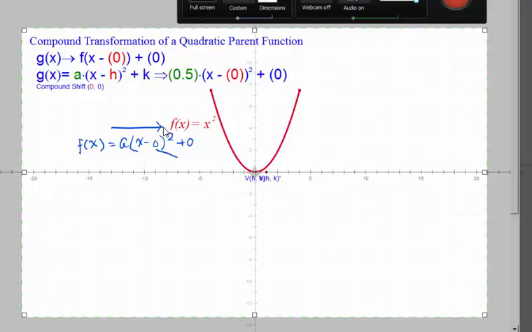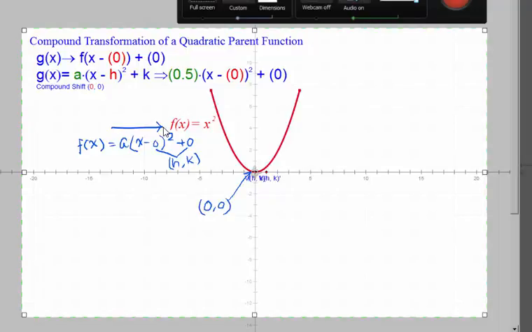These two 0s are h and k, and these are the coordinates of the vertex of the parent function, which is (0, 0).